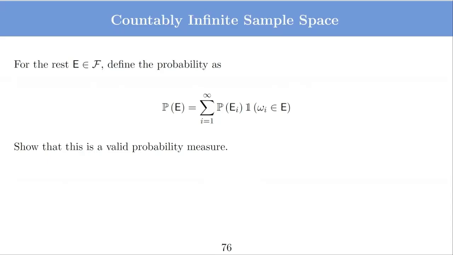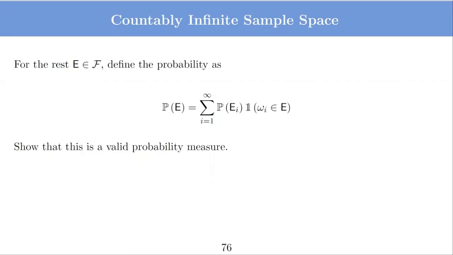Sometimes it can be a countable union, sometimes it can be a finite union, depending on how big an E you are taking. You can also take, for example, the union of E2, E4, E6, like all even-numbered events. In any case, any E you take will be a union of Ei's, and you can assign the probability of E as the summation over all those Ei's for which omega i is in E.